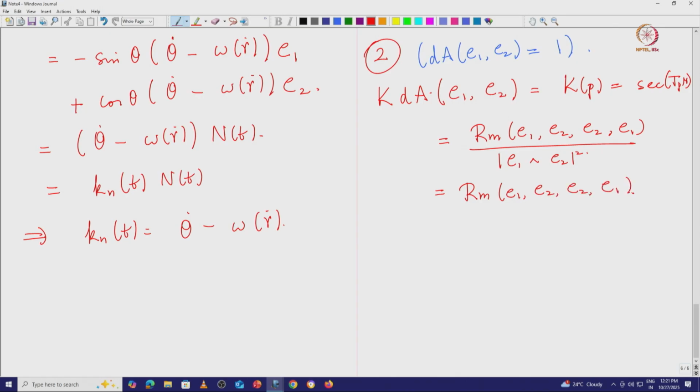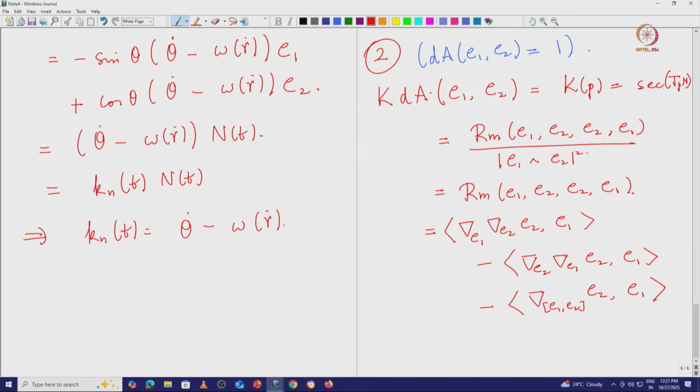Okay, so I have to calculate this Riemann curvature tensor term. So by definition, this is going to be nabla E1 nabla E2 on E2 comma E1 minus nabla E2 nabla E1 E2 comma E1 minus a term coming from the Lie bracket. Okay.